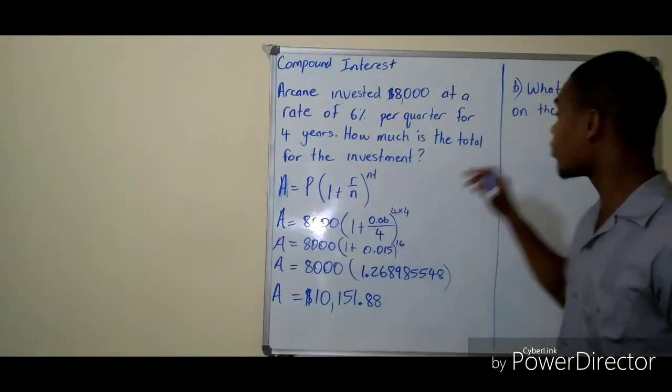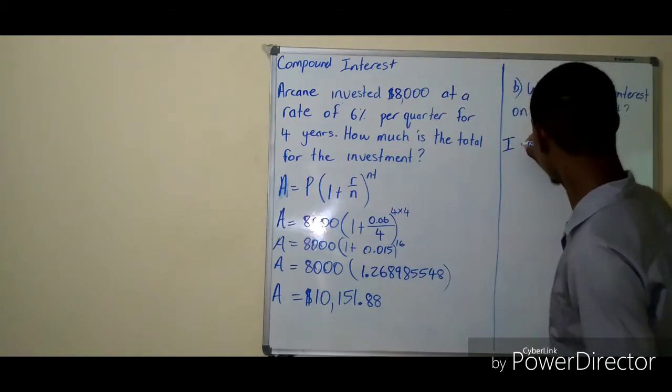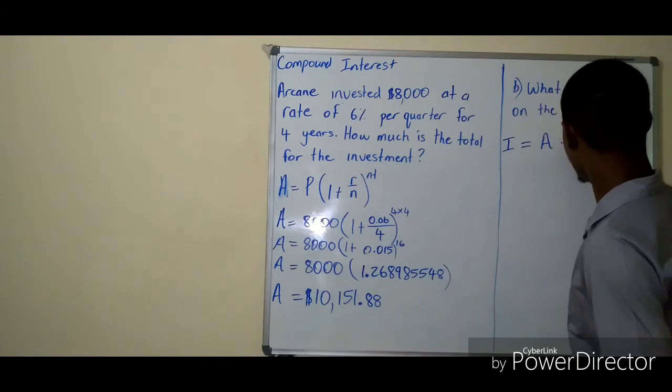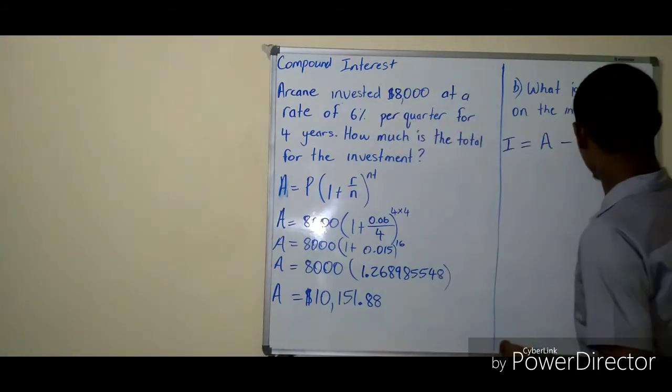So for you to find only the interest, you will say interest I is equal to the amount minus the principal, or the amount that was invested.